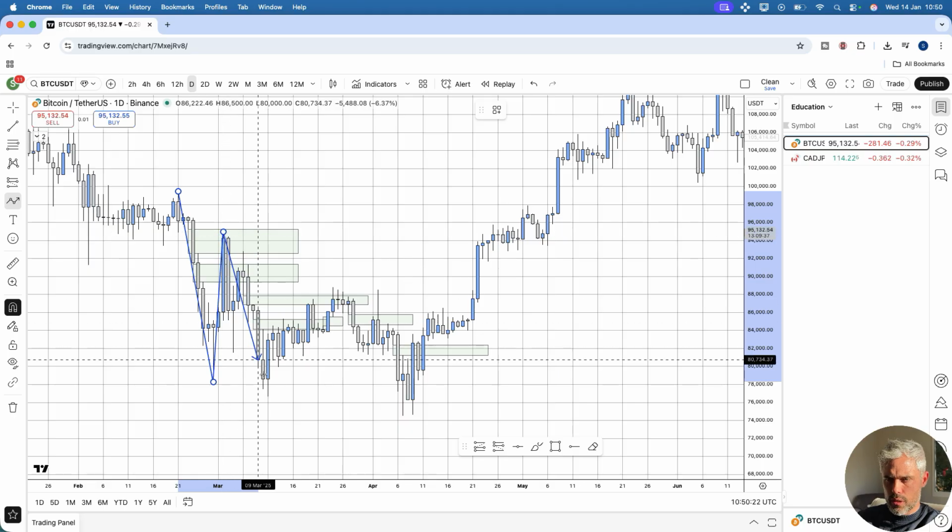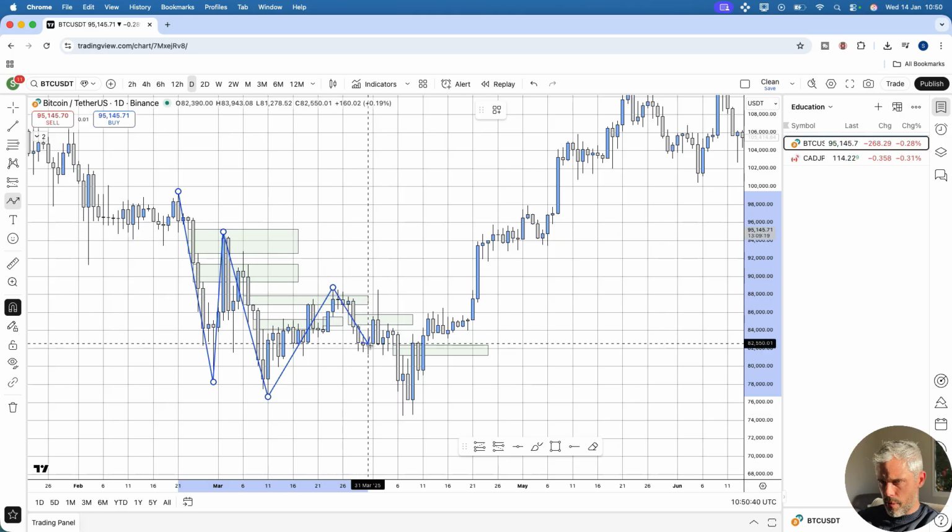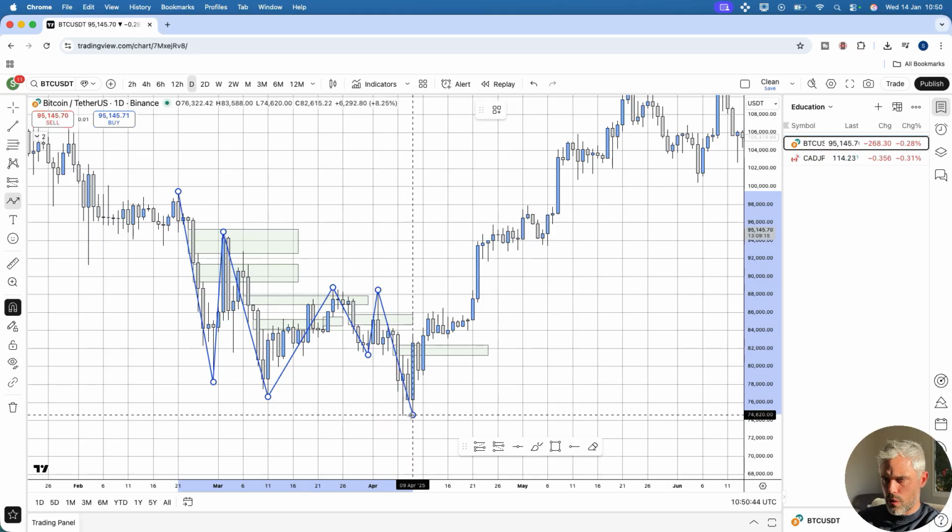We get a bullish rejection, then we get another price leg down where bearish order flow remains in control. We get a correction. Yes, there is potential order flow developing here. I'm going to go on to explain why we wouldn't want to take notice of that. Then we get more bearish order flow, retracement, more bearish order flow.